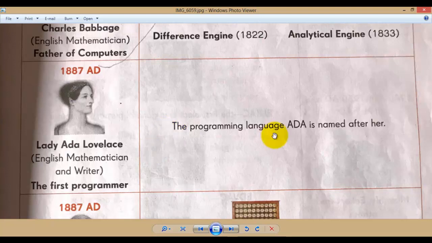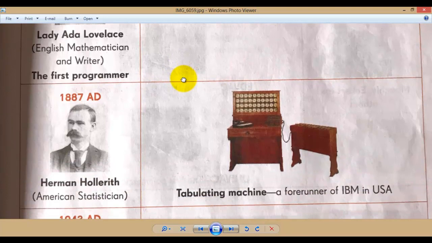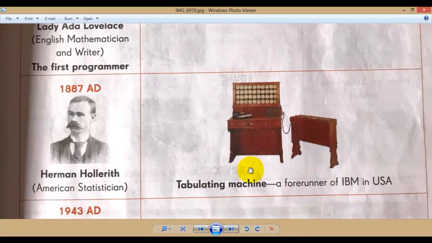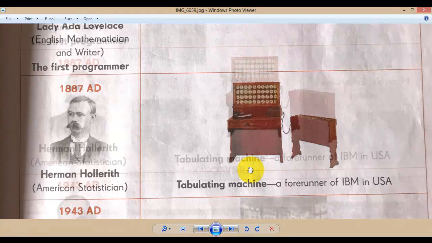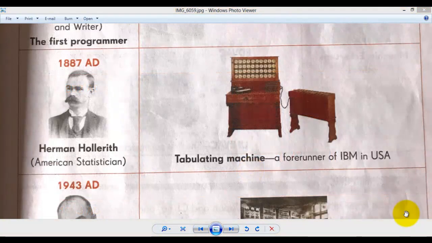She is also known as the first programmer. That's why she is also called the first programmer. After that, in 1887, this statistician used to collect and analyze numeric data in large quantities, especially for the purpose of calculation.